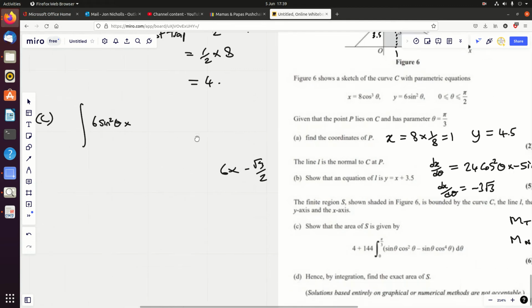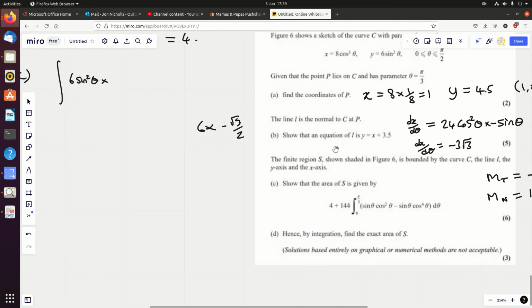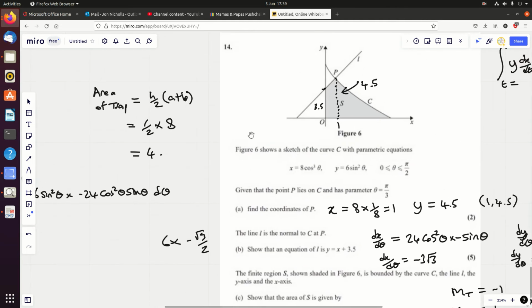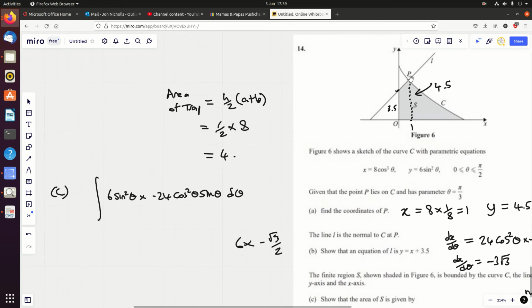We've already worked that out, dx by d theta is all of that there. So we're going to be timesing that by minus 24 cos squared theta sine theta, with respect to theta. Now what are our limits? The limits must be in terms of theta as well. And we know that theta is pi over 3 there.